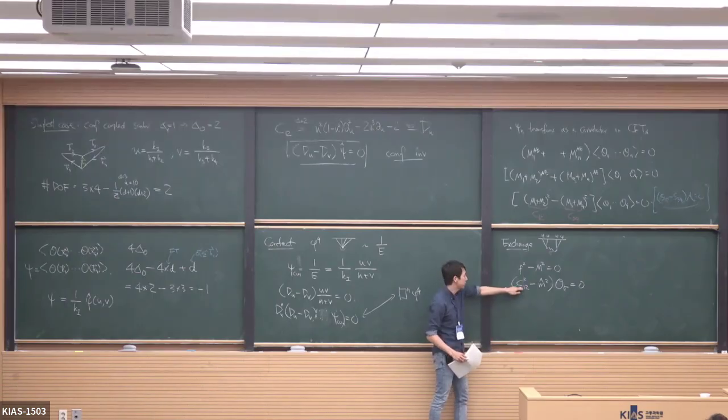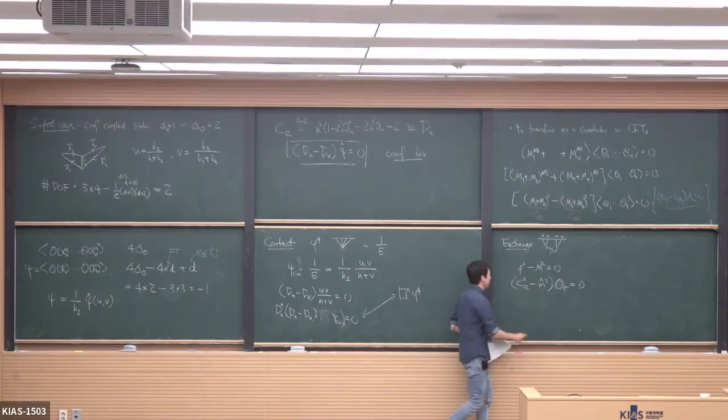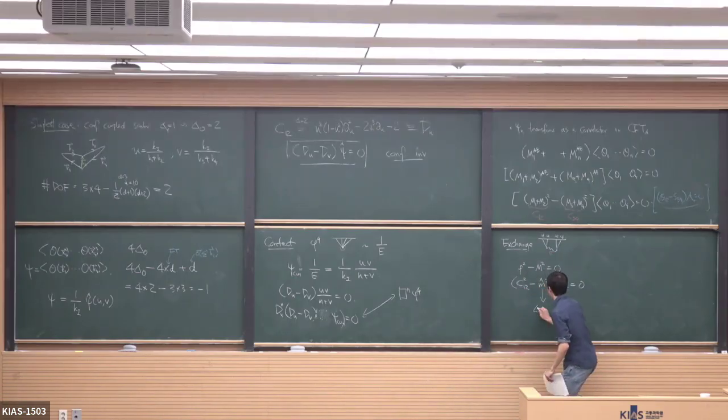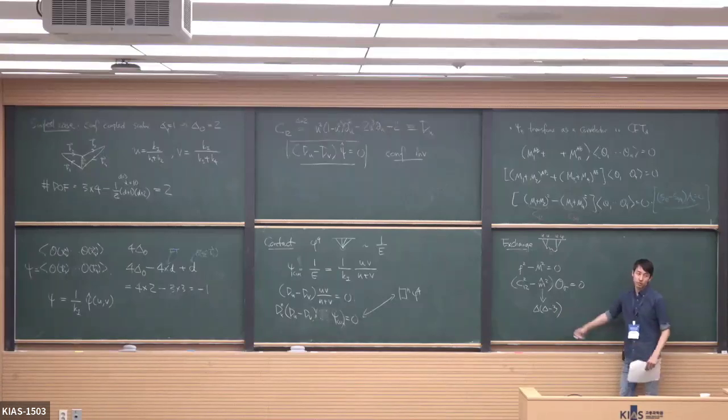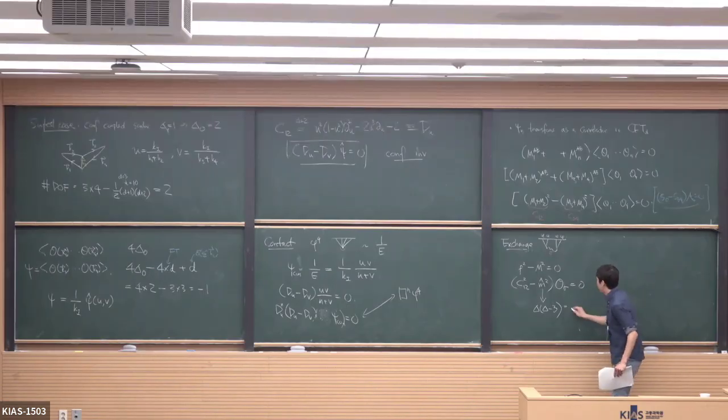This is a Casimir, and this m hat is the Casimir eigenvalue, which in terms of the dimension of the operator is given by this for a scalar field. Let me also write it in terms of the explicit mass of this object.